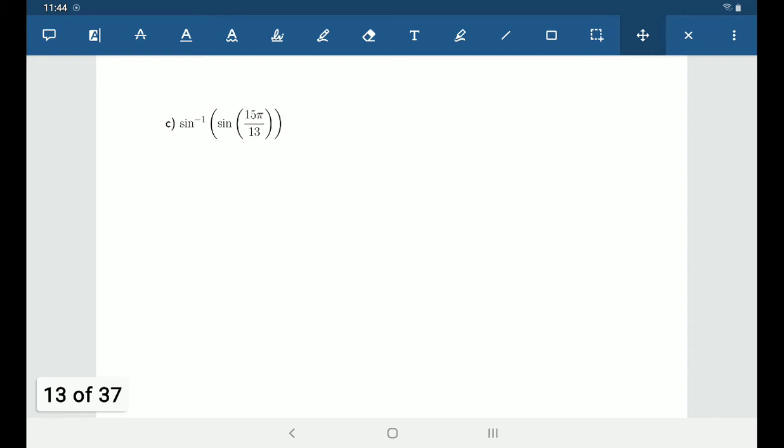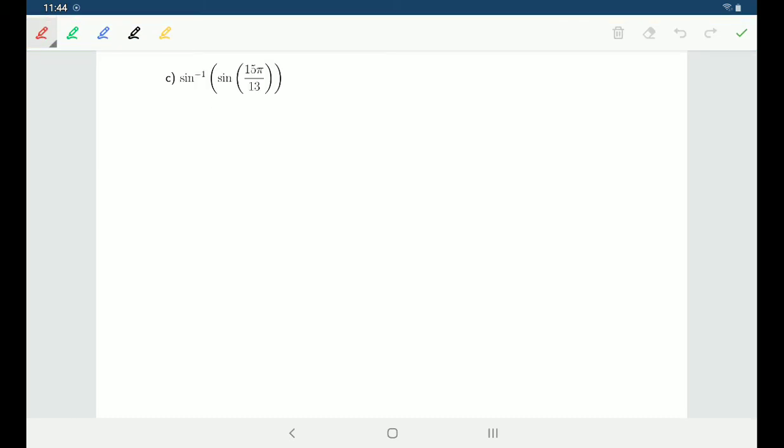All right, one more. Let's look at sine inverse of sine of 15 pi over 13. I'm going to do the same thing that I did before, which is to start off by drawing an angle.